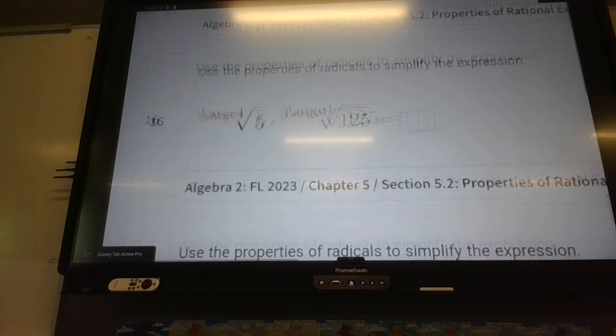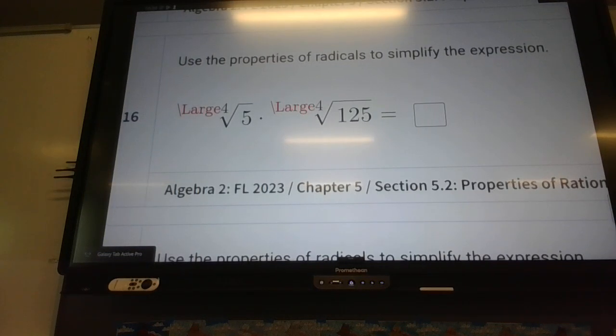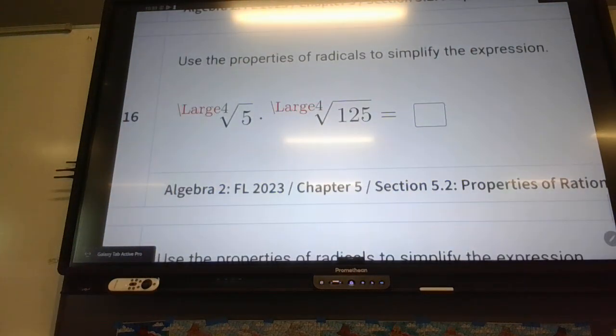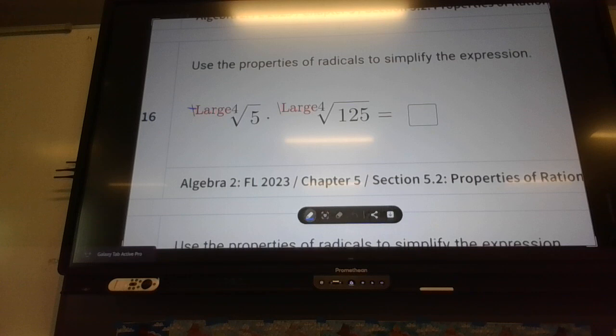Oh yeah, there's a typo here in this program. This large should not be here. You want to do it the more advanced way? So yesterday I would have just multiplied 5 times 125. But you know that 125 is 5 to the 3rd, right?